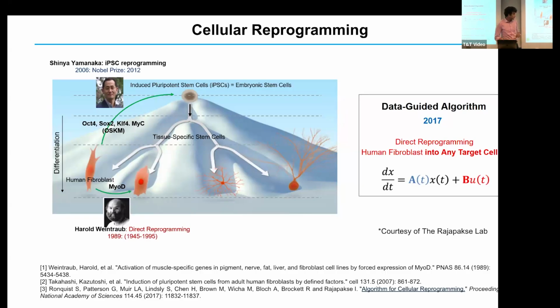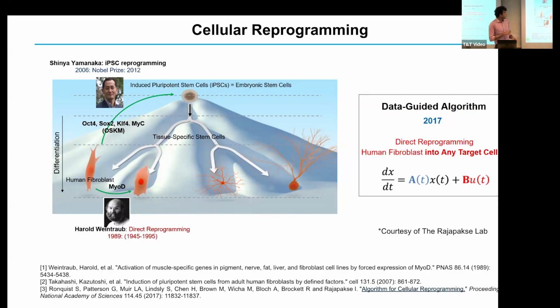So you can think of this as having human fibroblast here, and Harold Weintraub found out that if you add MyoD to human fibroblast, you can move it from this stable state to a different stable state. Here we go from fibroblast to skeletal muscle like cells. And in 2007, Shinya Yamanaka showed that with a cocktail of four transcription factors, OCT4, SOX2, and two others, famously called the Yamanaka factors, if you add them to a human fibroblast, you can roll the cell towards the top of the hill and make it more pluripotent.